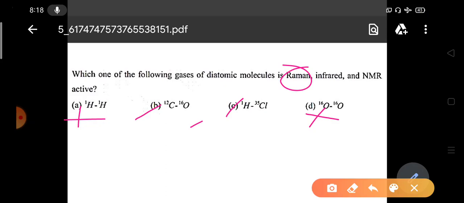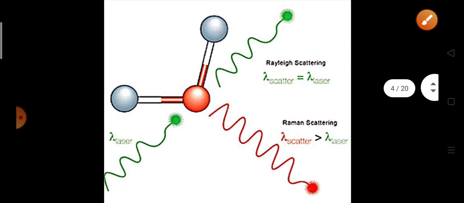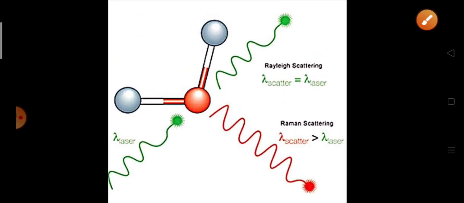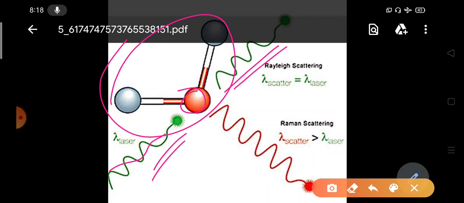Now Raman is for the case of scattering of the molecules, when the scattering is inelastic. Suppose a laser light is incident on this molecule, and here we get the scattered light, one with the same frequency as the incident light and another different from the incident frequency or wavelength of the electromagnetic radiation.